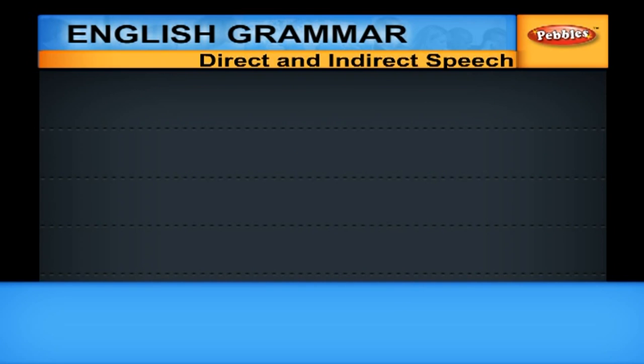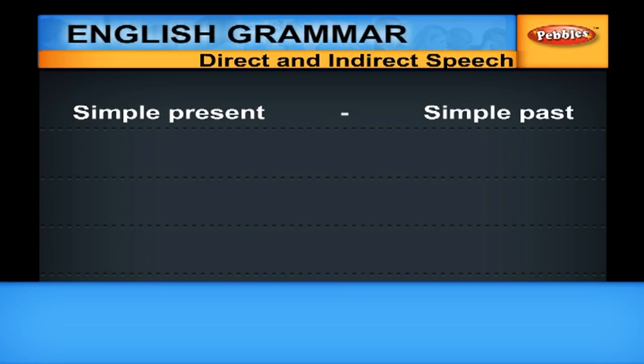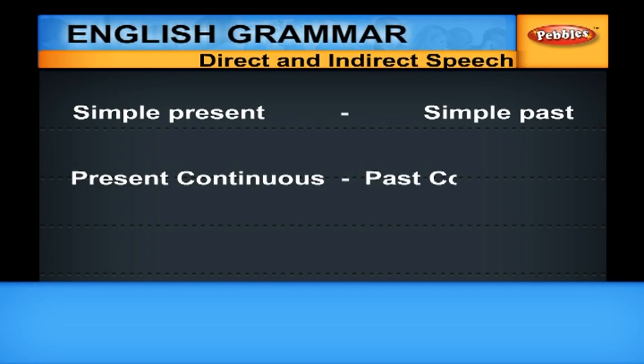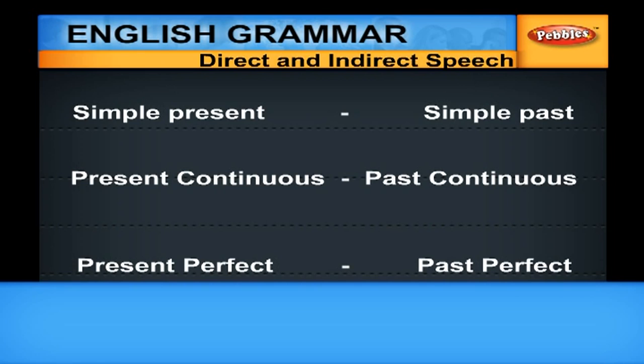What are all the general guidelines while changing a direct speech into indirect speech? If the reporting verb is in the past tense, then simple present will become simple past. Present continuous will become past continuous. Present perfect will become past perfect.